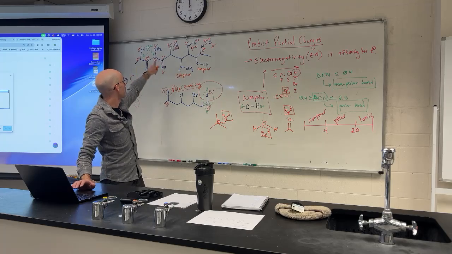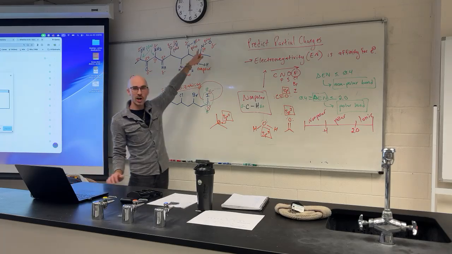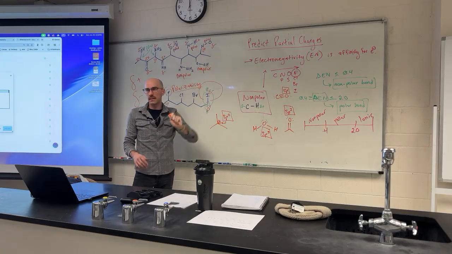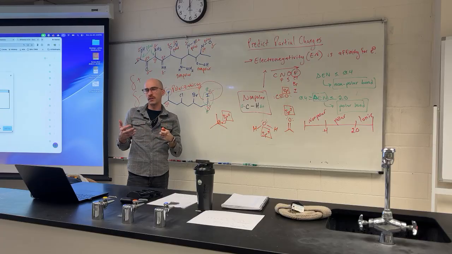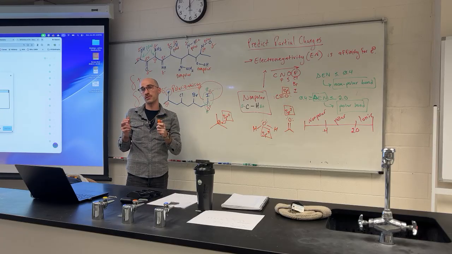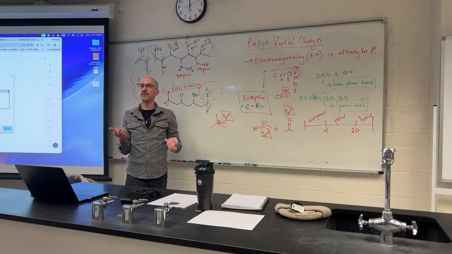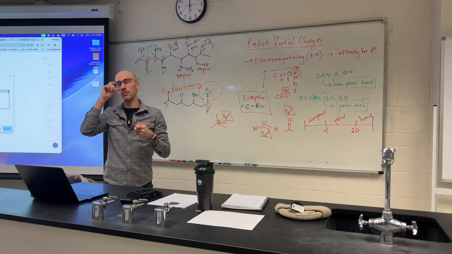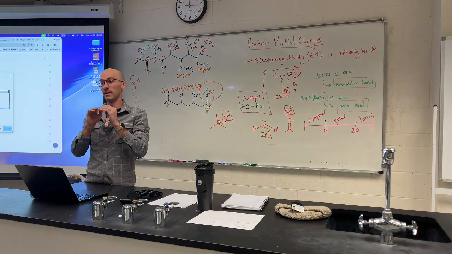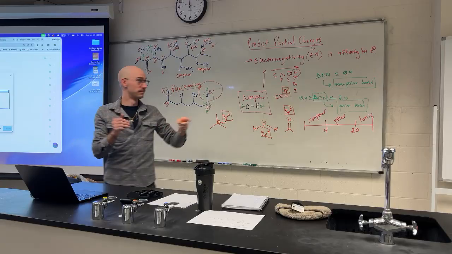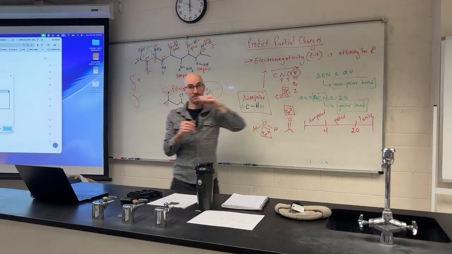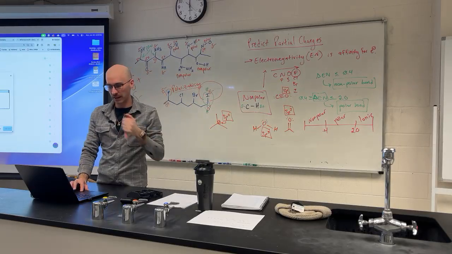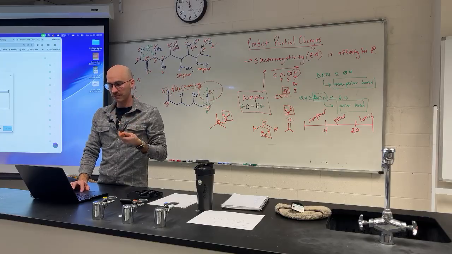I did want to show you this NO bond because there are common bonding patterns. We'll see functional groups that involve NO, and I do want you to be familiar with it. I don't want you to think that NO is a nonpolar bond. They are right next to each other after all, so I can see why you would think that.